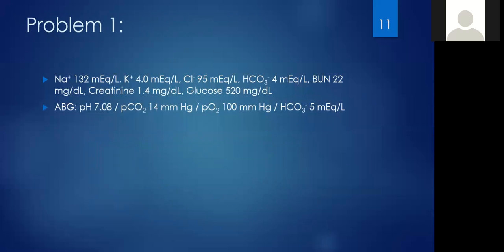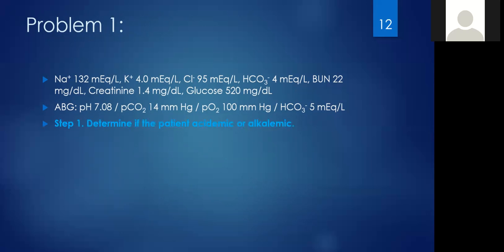So here are our labs. Our sodium's 132, potassium of 4, chloride of 95, our bicarb's 4, our BUN's 22, and our creatinine's 1.4. Glucose is elevated at 520, and our ABG gives us a pH of 7.08, a PCO2 of 14, a PO2 of 100, and a bicarb of 5.